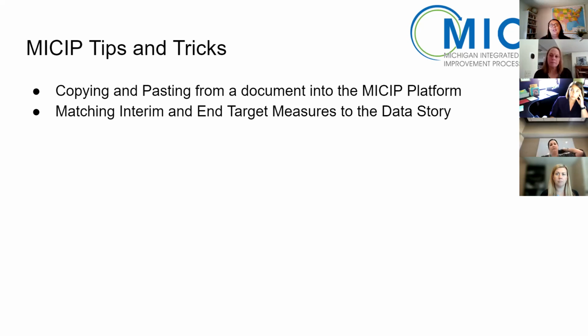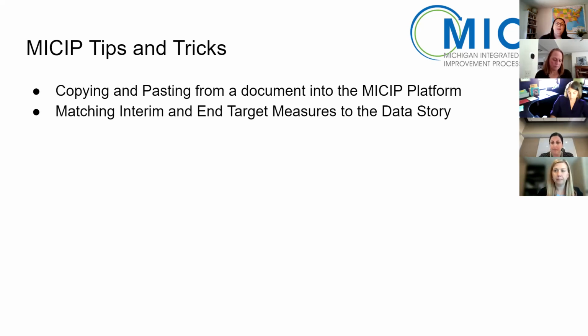You can create just a document that states survey will be created fall 2020 and administered by this date. Upload that into your data story, and you can connect your target back to that document for now until you have the data to fit what that measure is going to be.